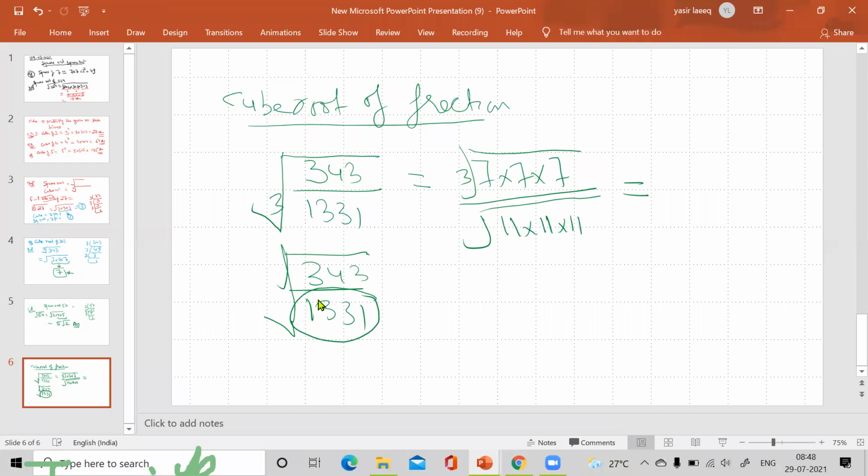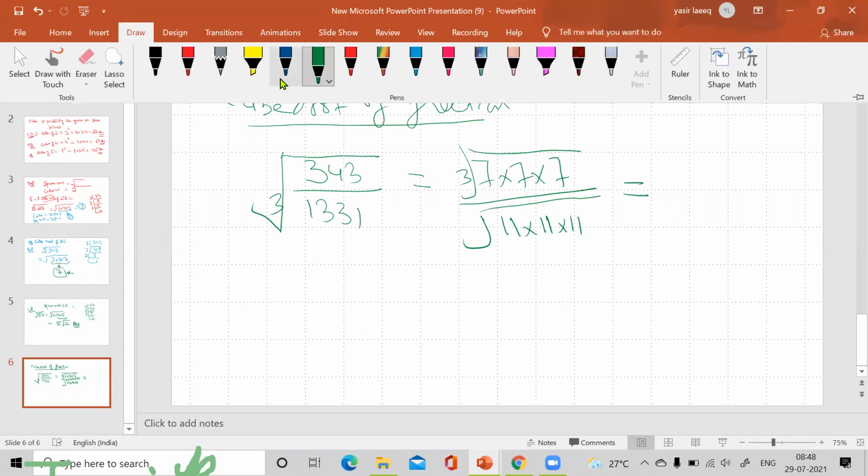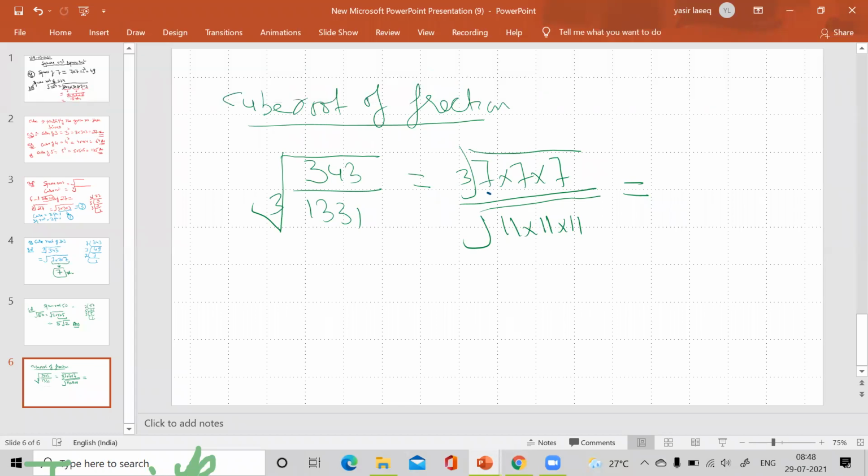Then, because we are finding the cube root, we just make a pair of 3 and take 7 out, and we make a pair of 3 and take 11 out. So it will be your answer. Is it clear, beta?